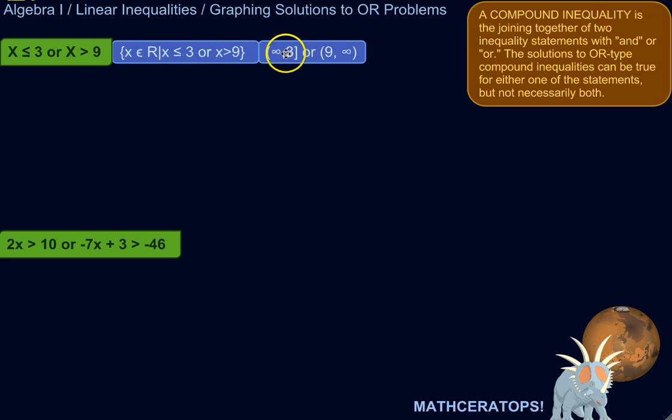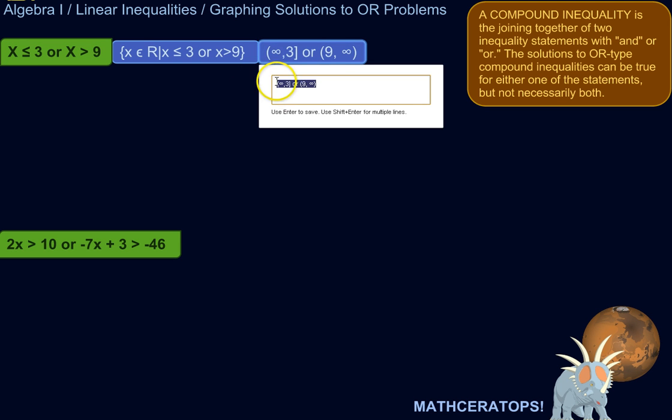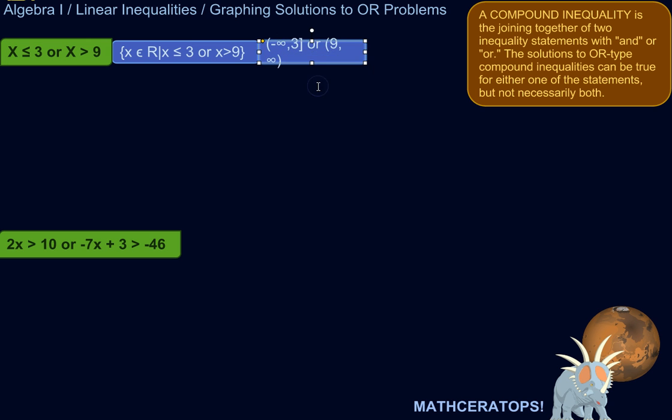So the solution set is, actually this should be negative infinity, anything from negative infinity up to 3, including 3. That's what this kind of bracket means, including 3. Or anything from 9, not including 9 because it's greater than 9, up to positive infinity.